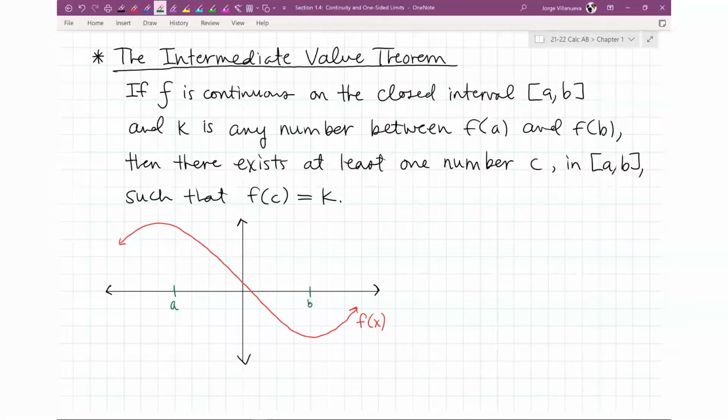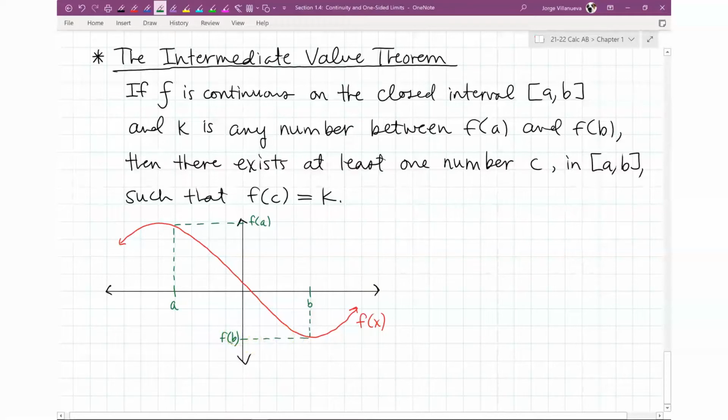Well, first I got to figure out where is f of a and where is f of b. So f of a would be right here, f of a. F of b would be right there.